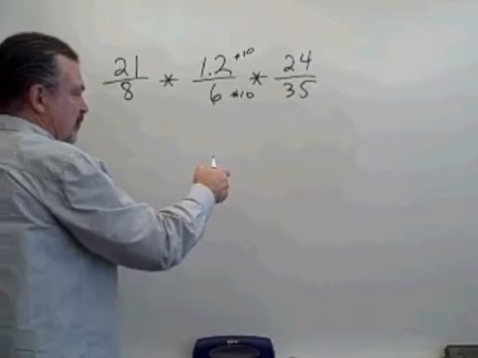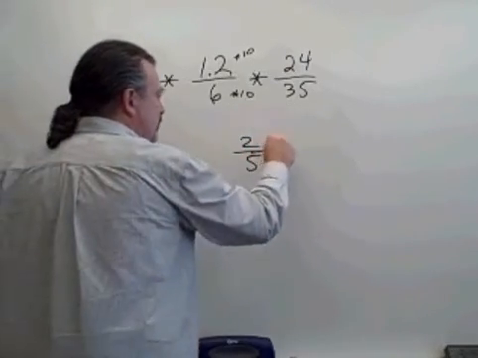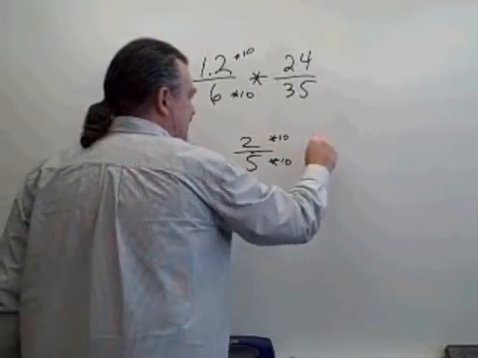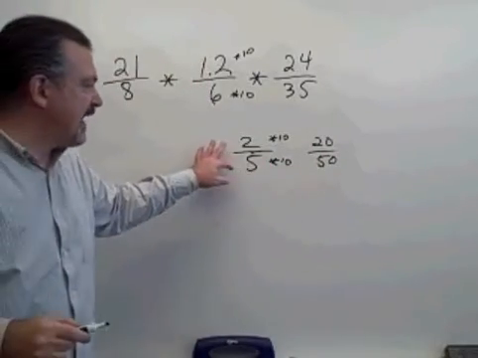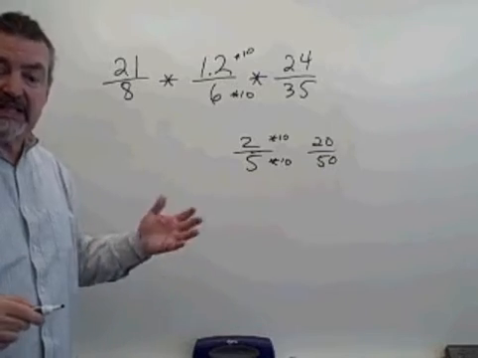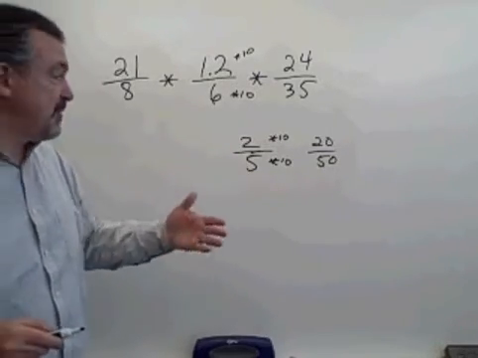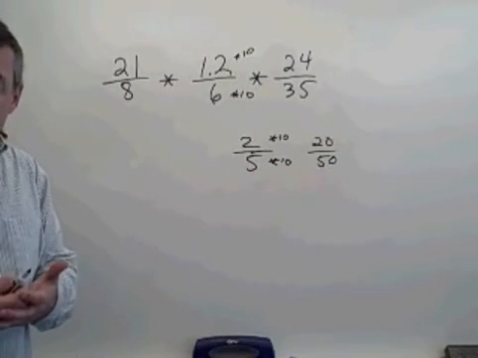Just look at that for a moment. If you have the fraction 2/5, if you multiply the numerator and the denominator both by 10, that gives you 20/50ths, which is the same value as 2/5. You haven't changed the value of the fraction, even though you've changed its appearance. 2/5 is a different appearance than 20/50ths, even though it represents the same quantity.